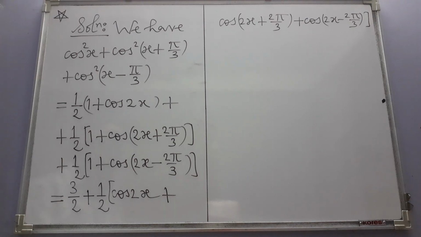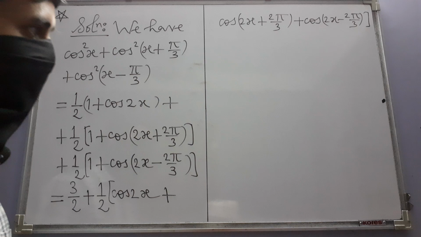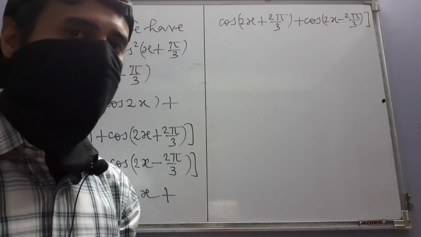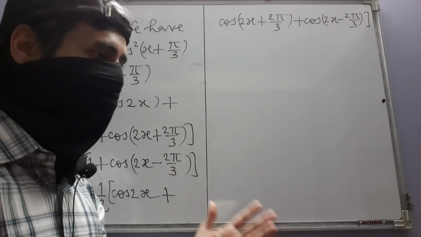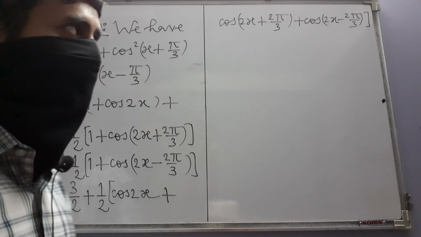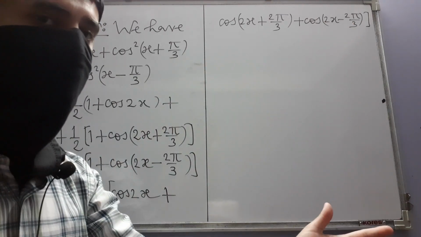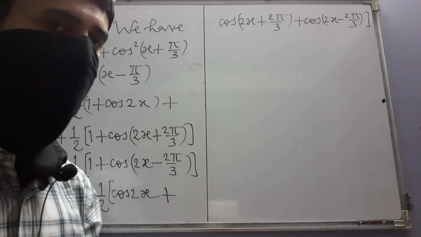Alright, so now we just have to expand these two things. You can remember the identity for cos a plus b plus cos a minus b. But I think remembering too many identities will only confuse us. That is why I prefer to not remember those things by heart and instead instantly find them whenever I need them.